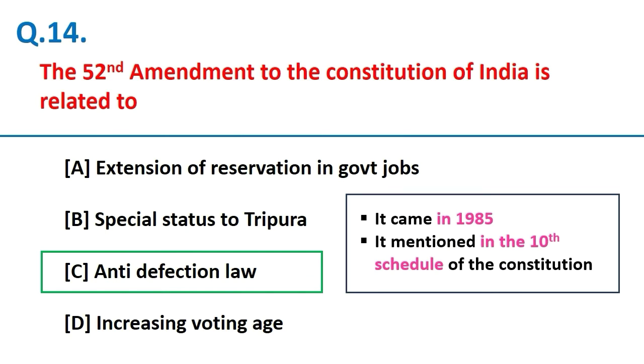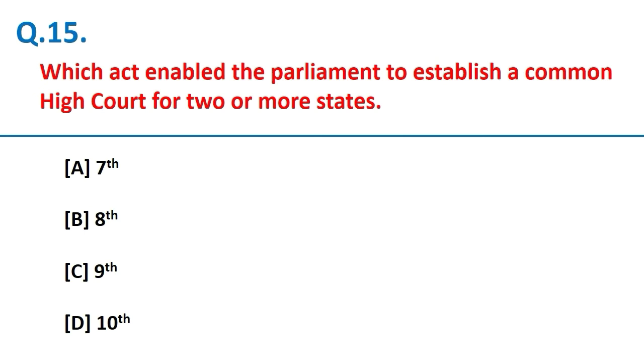It came in 1985 and it is mentioned in the 10th schedule of the Constitution. Which act enabled the Parliament to establish a common high court for 2 or more states? 7th Amendment.